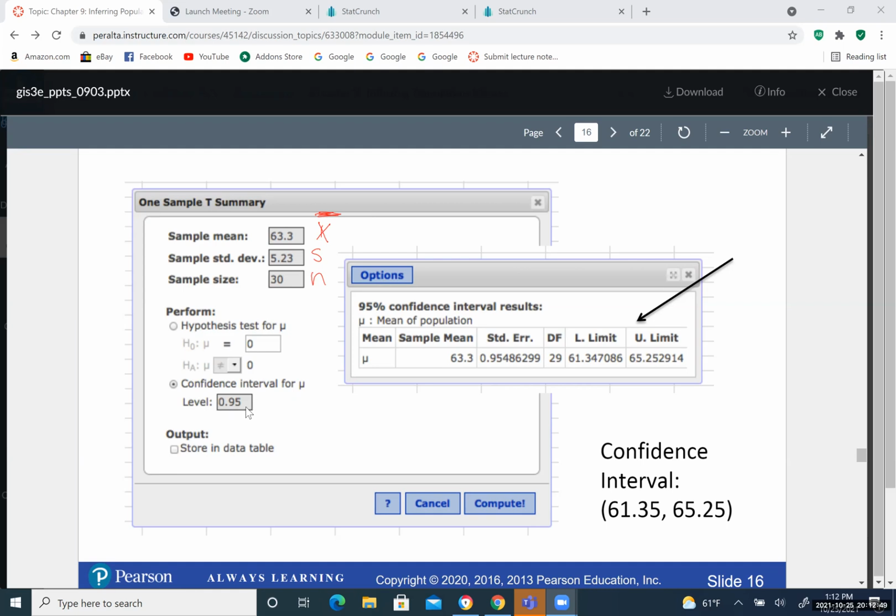Technology already gave us the t-star; it computes that for us. And we have the left limit and right limit. Here we call it the confidence interval: parentheses, comma. That's the conclusion, and that's what I want you to write on your test.